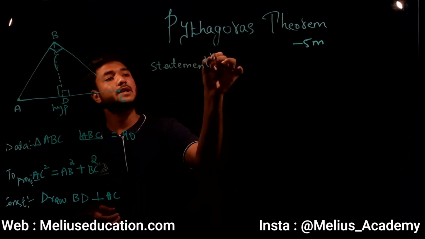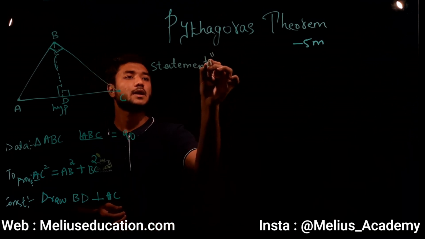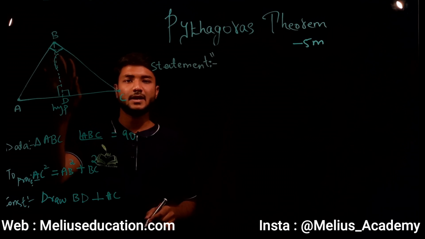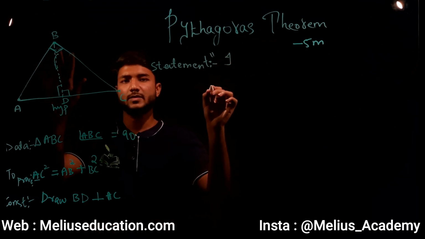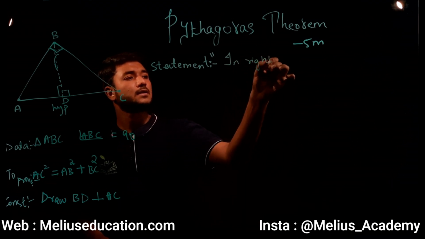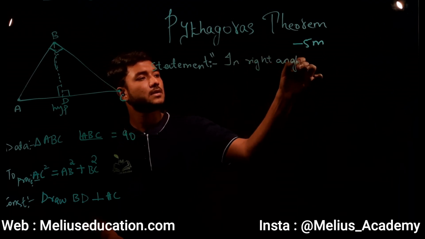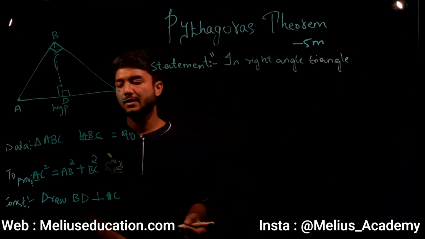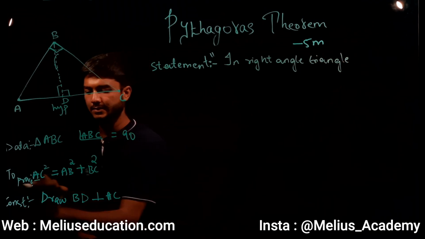So we have a simple method to write statement. That is, which type of triangle is this? Right angle triangle. Just write down whatever you look out on the board. Just write down in right angle triangle.